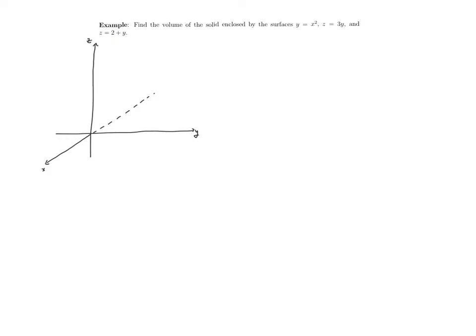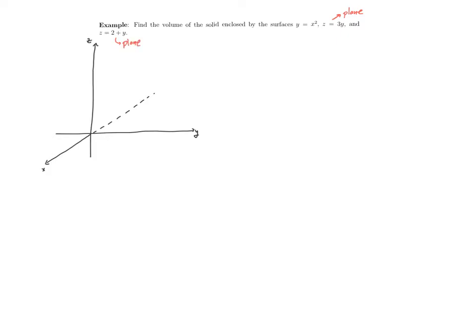Oftentimes the difficulty, and in this problem I think the main difficulty, might be associated with visualizing what this solid looks like. So let's first get a few key words out here. z equals 3y represents a plane, as does z equals 2 plus y.